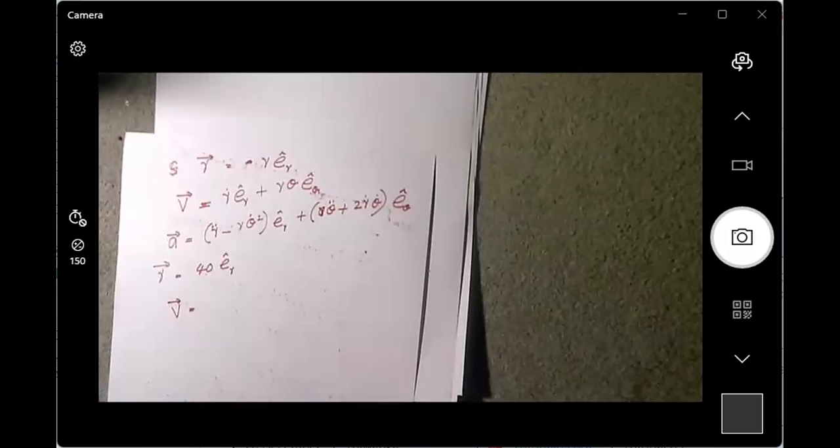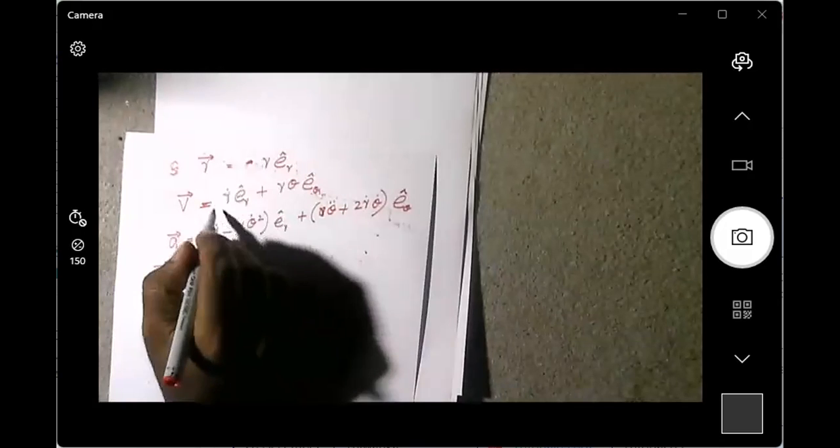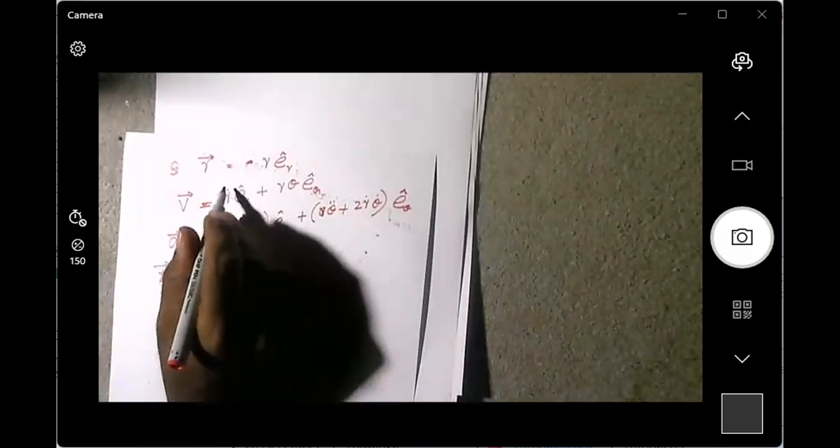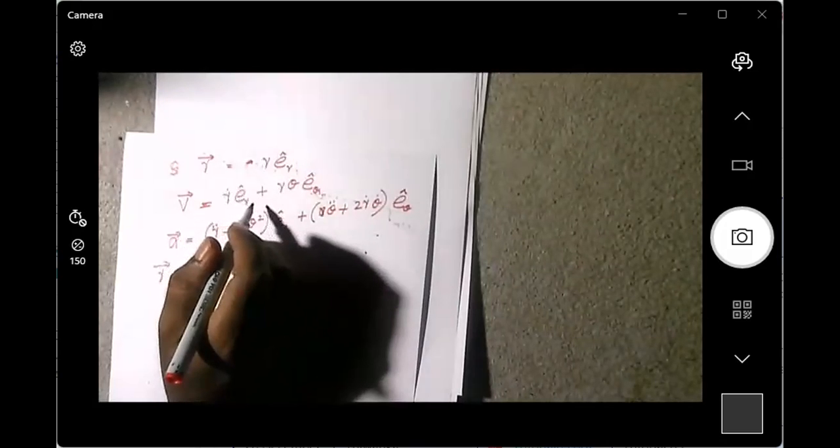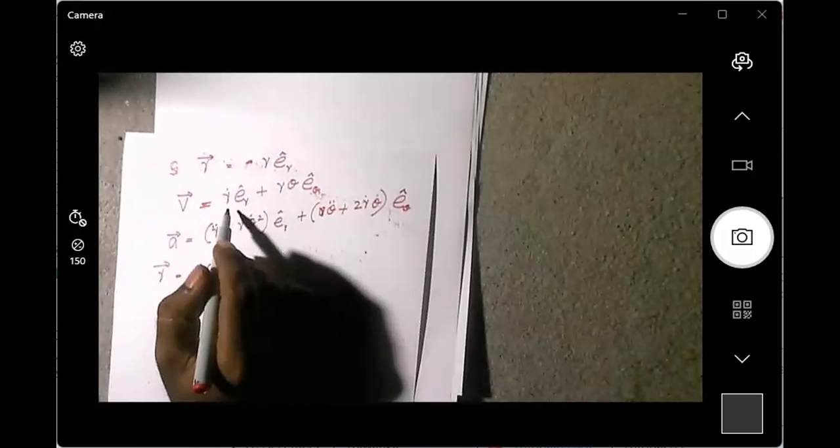There is no r dot component, or there is no velocity along the er direction. It is obvious, right? Because this is going to move in a constant radius path on a circle. So there cannot be any radial velocity.